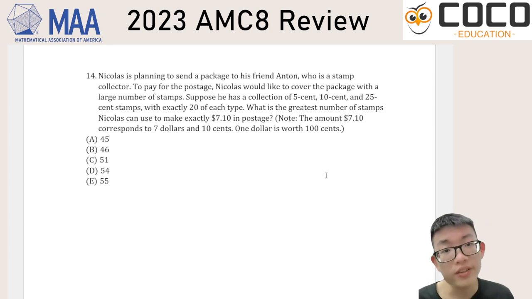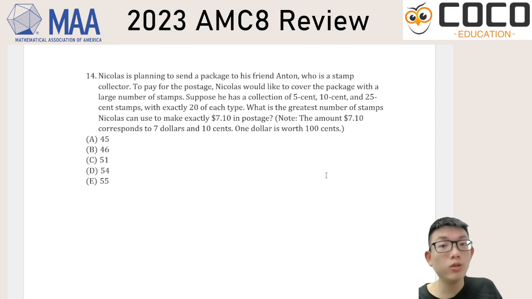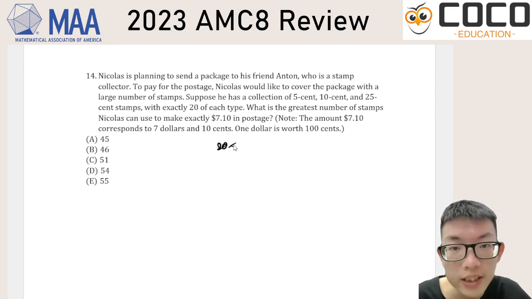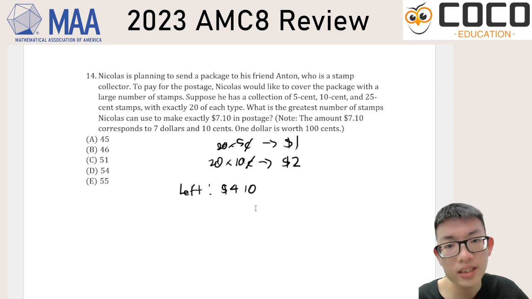But if I want the greatest number of stamps, and you've got 20 of each type, we would be a bit tempted to ask, can I just use all of the 5 and 10 cent stamps? Let's try that. All right. So if I use 25 cents, I get $1. I have 20 10 cents, I get $2, and so I'm left with $4.10.